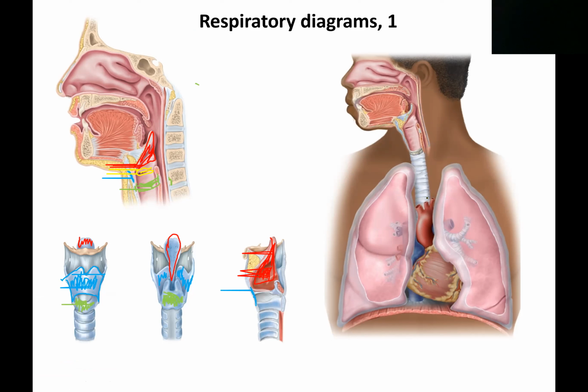Here you have the intact respiratory tract. This is the trachea.